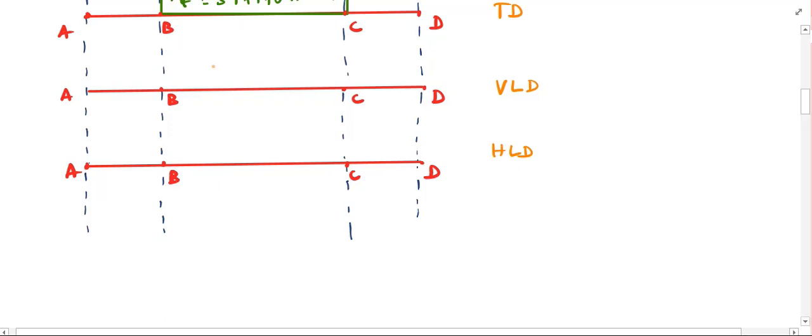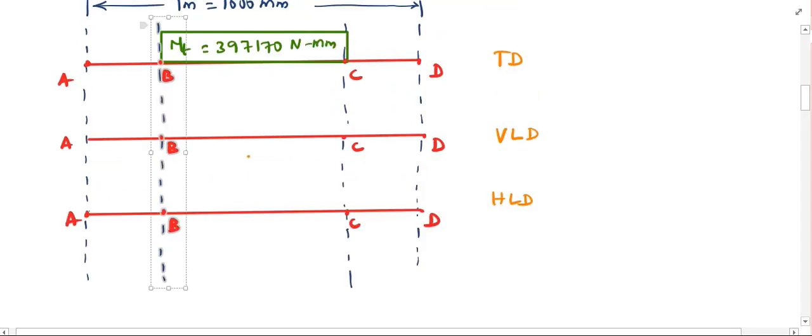On the vertical load diagram at pulley B, the force is 5,411.32 newtons, and at pulley C it is 500 newtons, just the weight of the pulley.